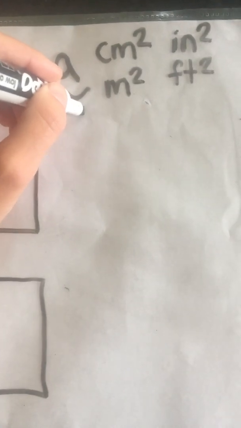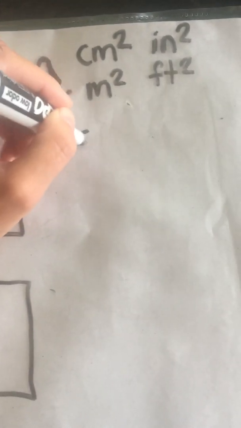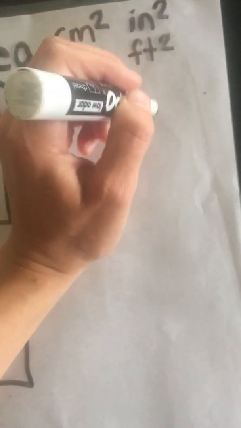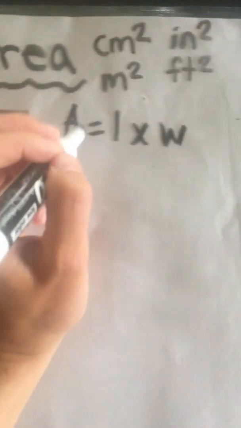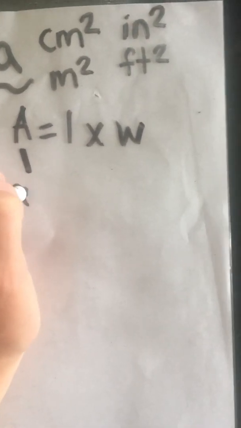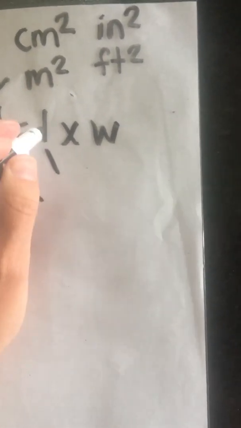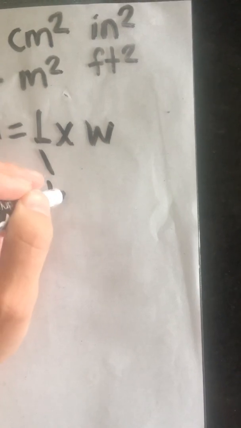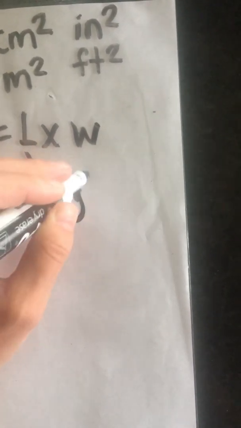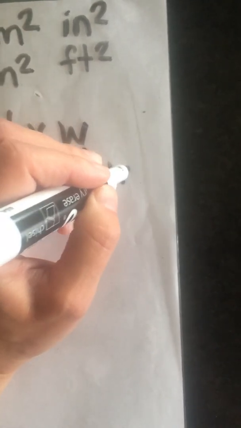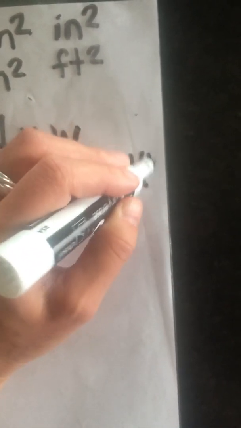And there's a little formula we use to help us with area, and it's called A equals L times W. A stands for area. The L stands for length, and the W stands for width.